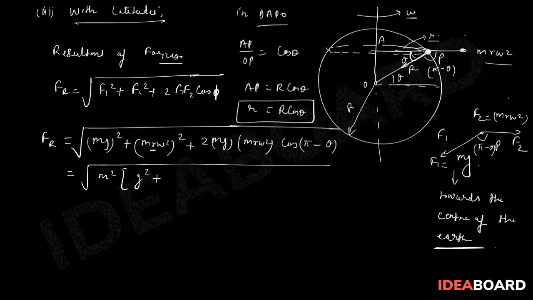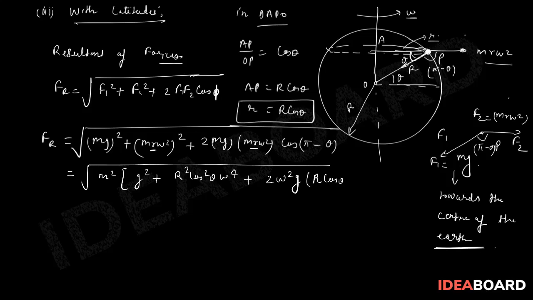We can substitute the value of r, which is r cos theta, so this is r square cos square theta into omega to the power 4 plus 2 omega square into g, and this r can be substituted as r cos theta.